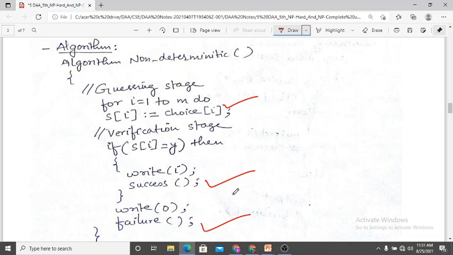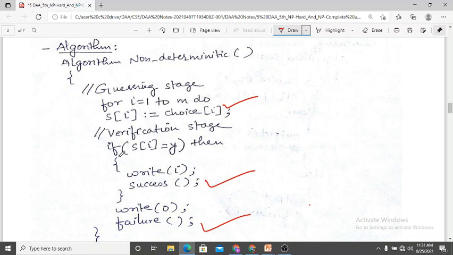These three things we are using in the non-deterministic algorithm. First is the guessing stage: for i equals 1 to n, s of i equals choice of i. So here it will take a choice in the guessing stage, and after that it will verify.